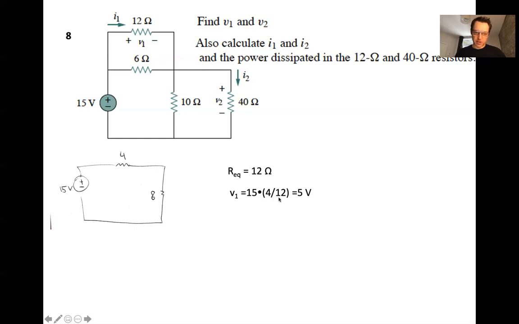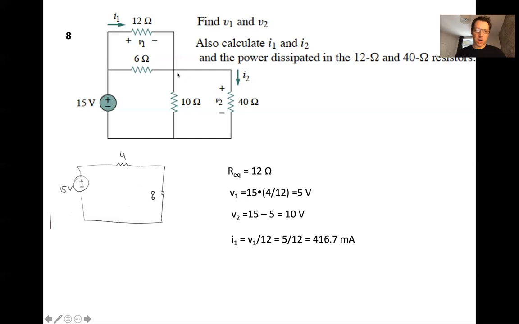In other words, because the 4 ohms is 1/3 of the total resistance in the circuit, we know that it draws 1/3 of the 15 volts, which is 5 volts. And for V2, you can just use KVL. 15 minus 5 equals 10. If there's a 15 volt rise and a 5 volt drop, we know that there has to be a 10 volt drop across the 8 ohm resistor.